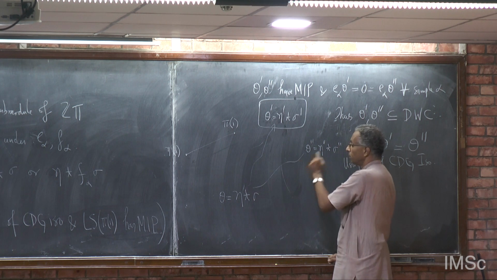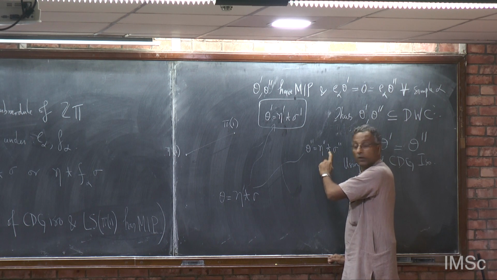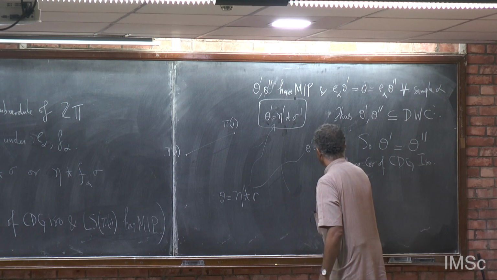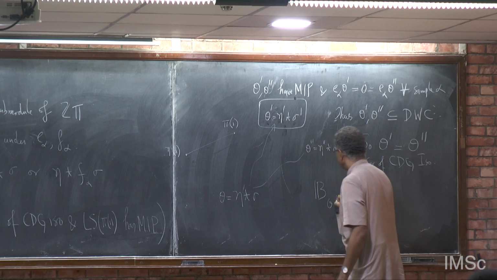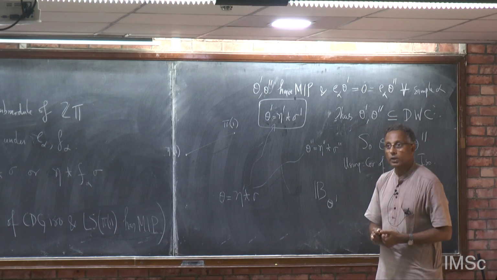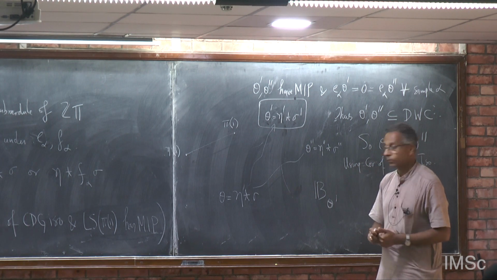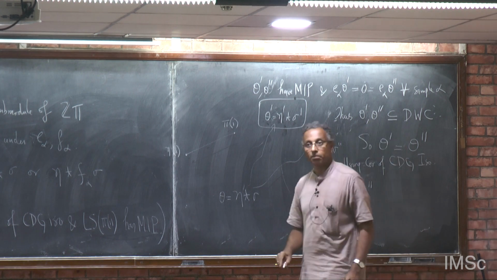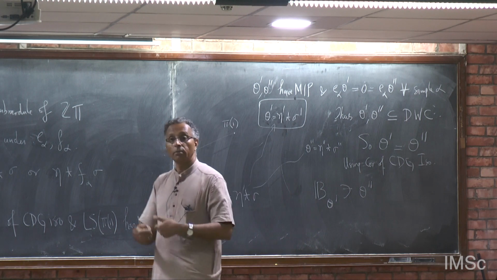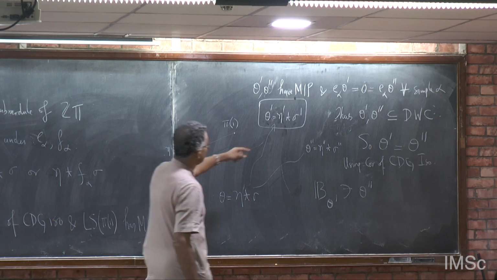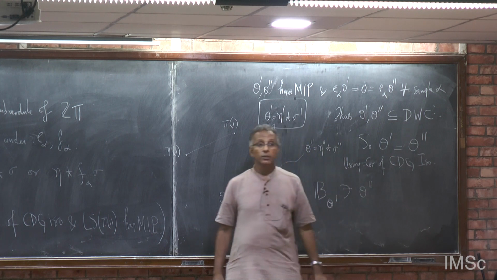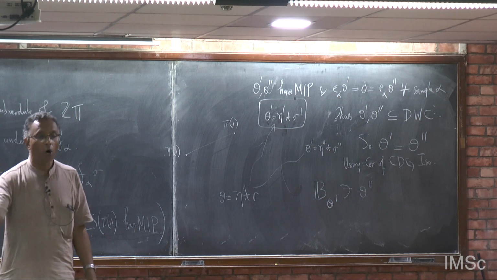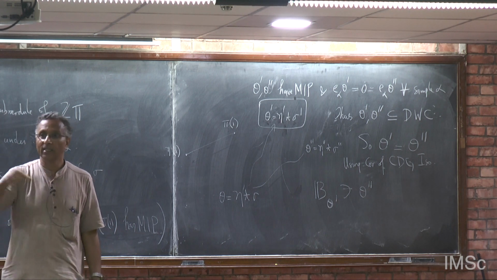And you got this by applying E alphas, which means that if I start with B theta prime, you can talk about B theta prime. That contains theta double prime. But in B theta prime, because this is completely contained in the dominant Weyl chamber, there is a unique path which is killed by all E alphas, namely that itself.